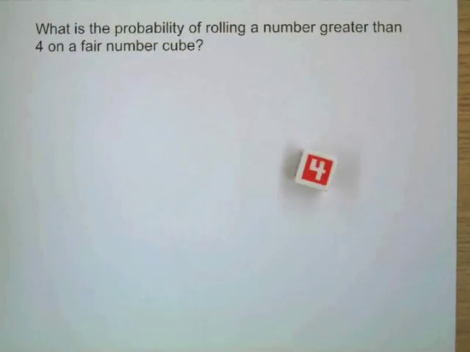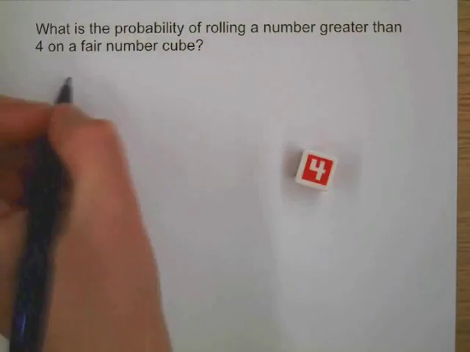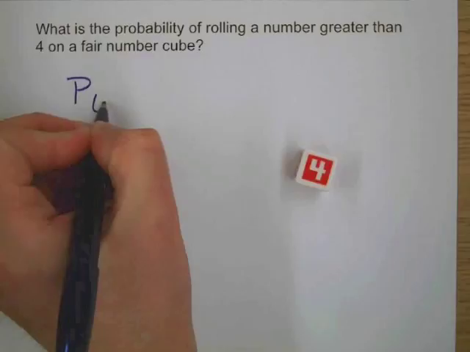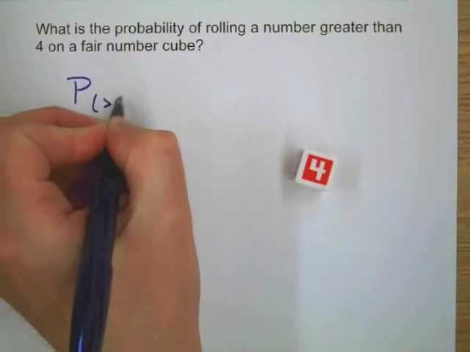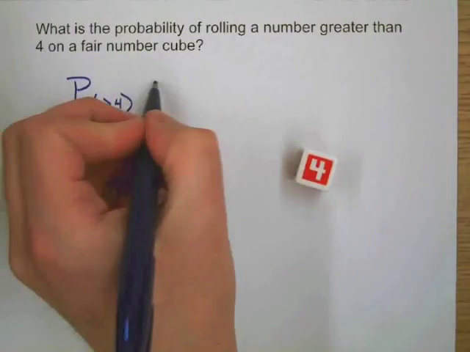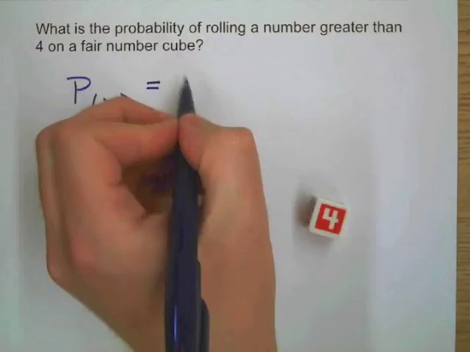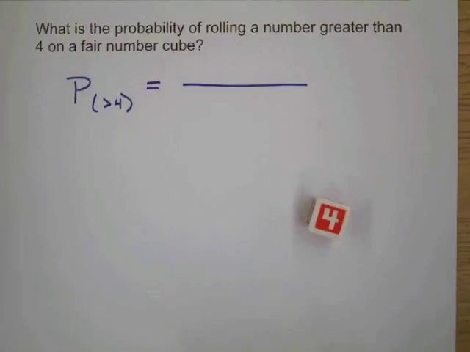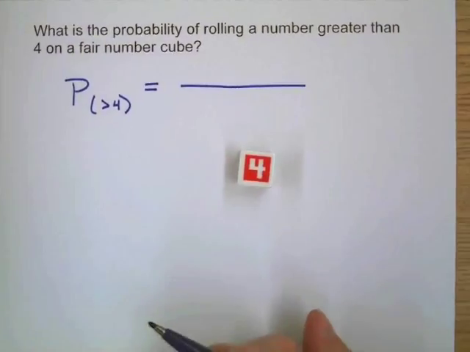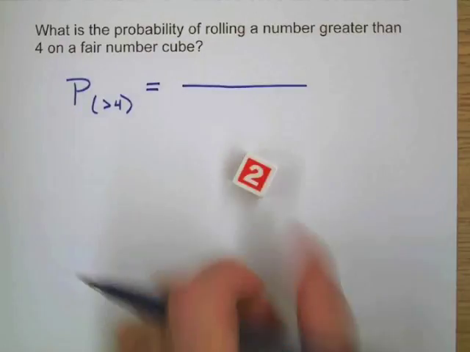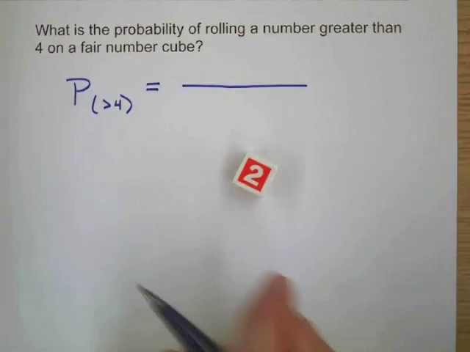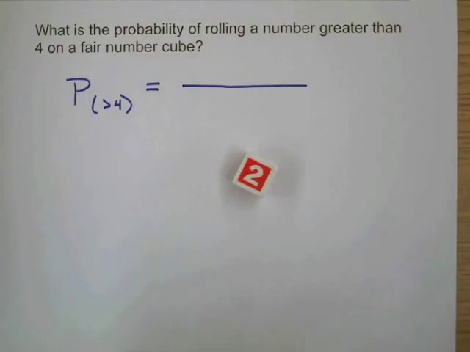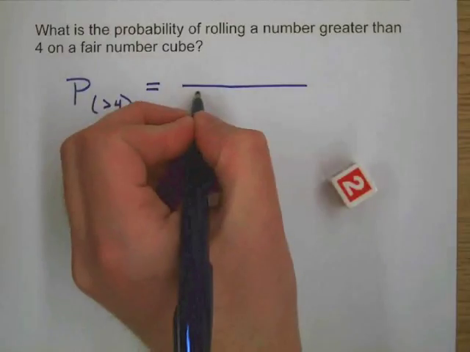And we want to find that probability of a number greater than 4. Again, we're going to set up our ratio, and in this case our total possible outcomes. Well, if we roll this, we have a chance of rolling a 1, 2, 3, 4, 5, or 6. There's 6 possible outcomes.